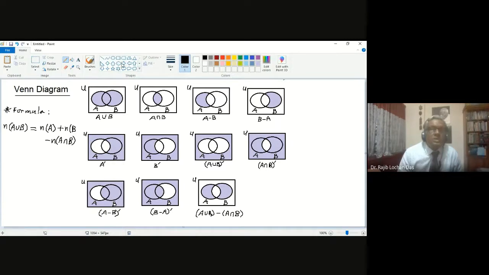You can just keep this in your brain if you want to use it later. This formula is all about number of elements.